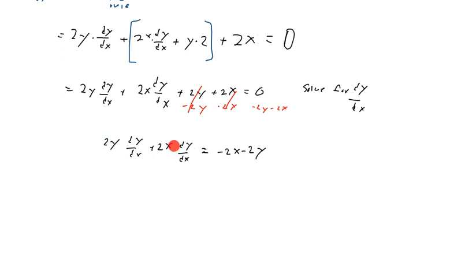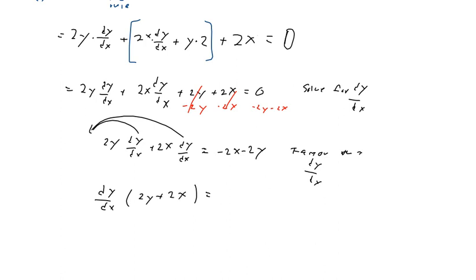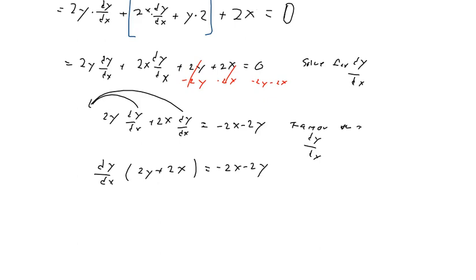So if I can't add them together, I have to get this dy/dx alone. A trick that's very often used is we're going to factor out the dy/dx. We bring it outside as one piece, dy/dx on the outside, and then we have this 2y plus 2x.